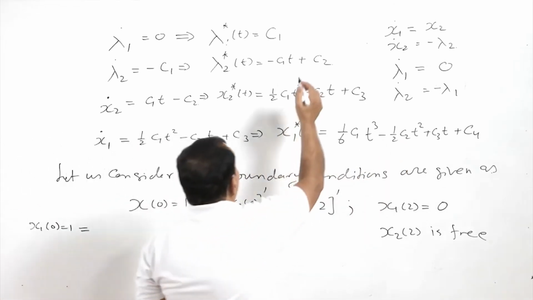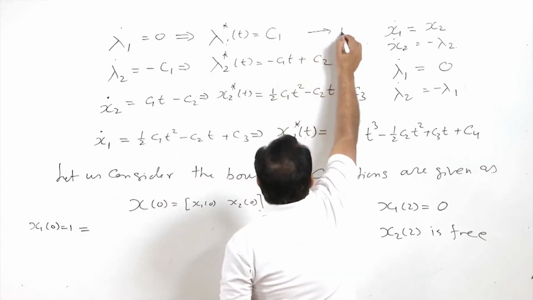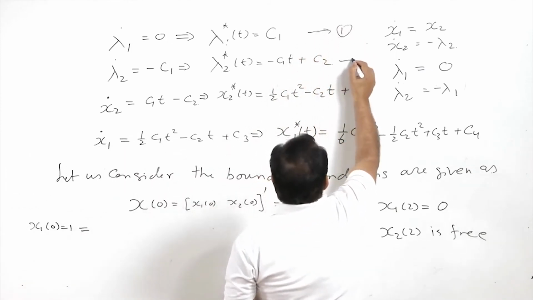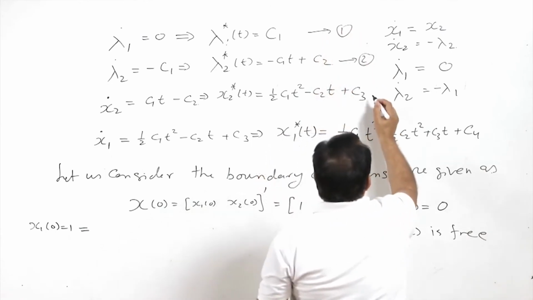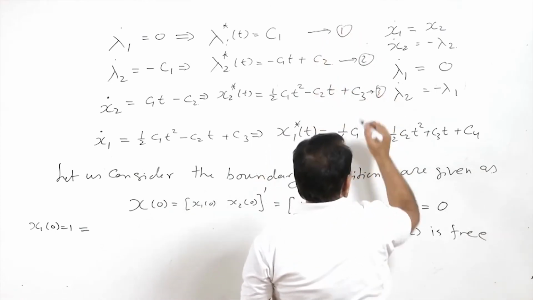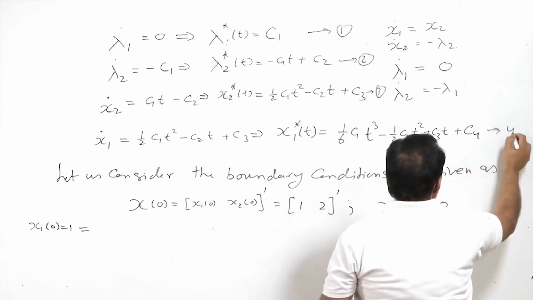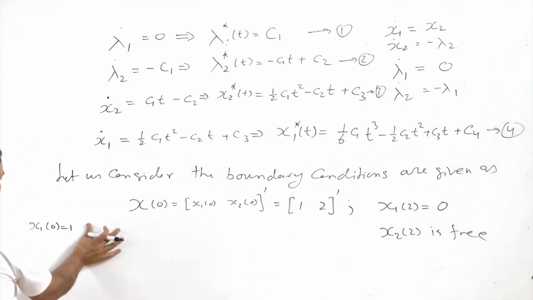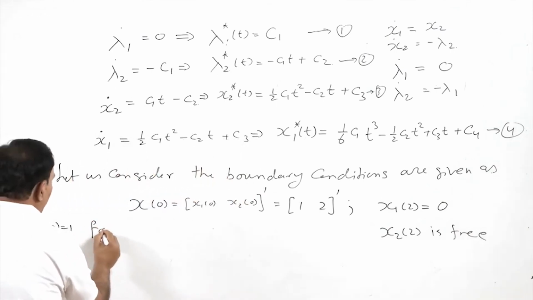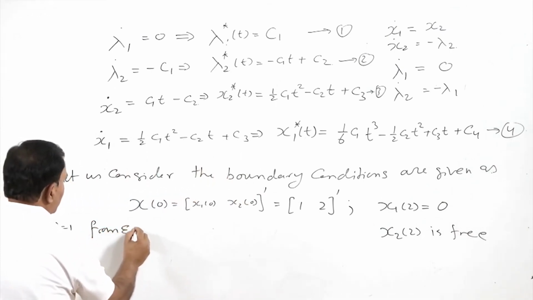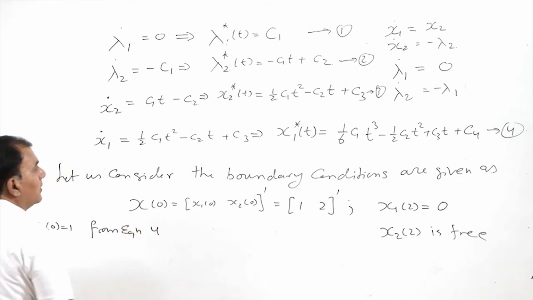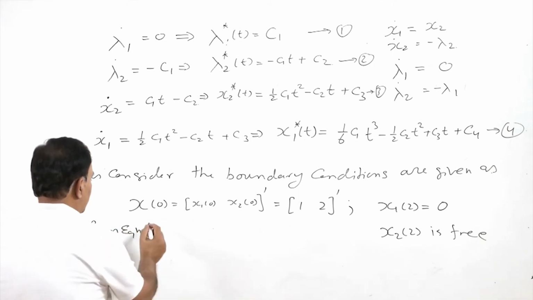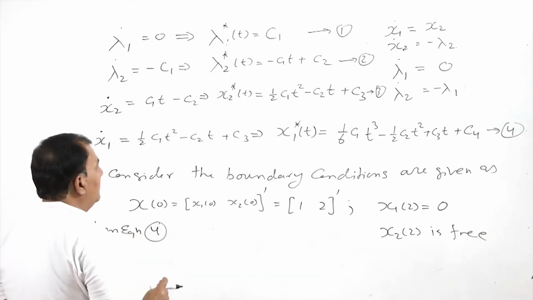Let us give the names equation 1, equation 2, let us say this is 3 and this is 4. So x1 0 equal to 1. So from equation 4, what will we have?